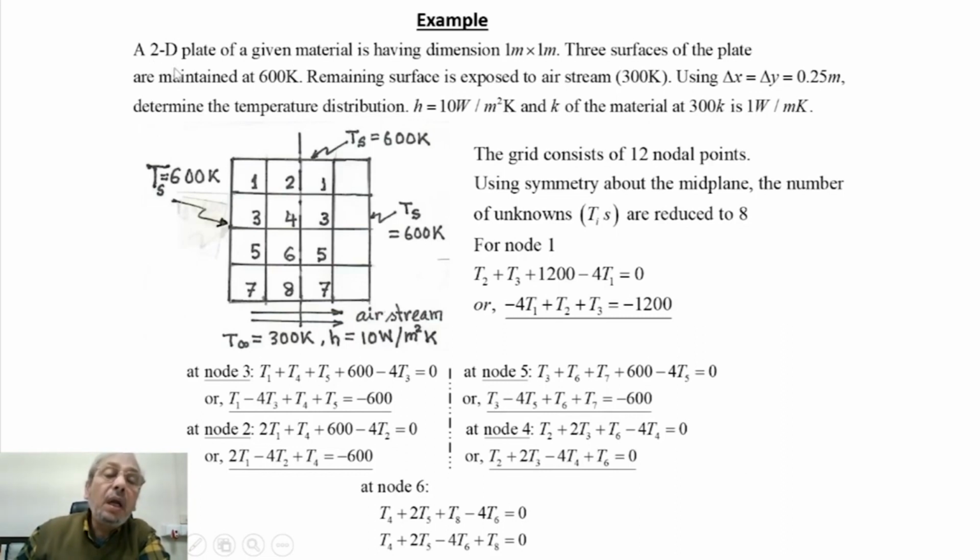Now let us quickly solve an example for whatever we have discussed so far.